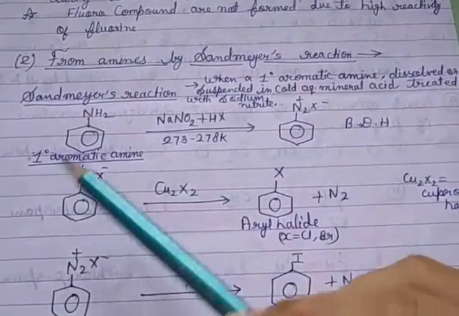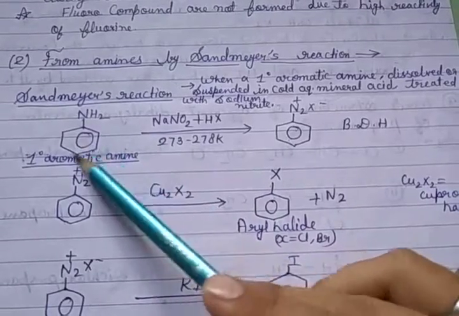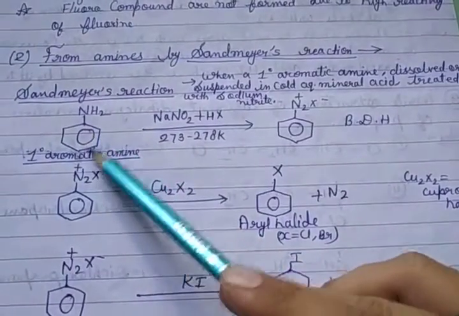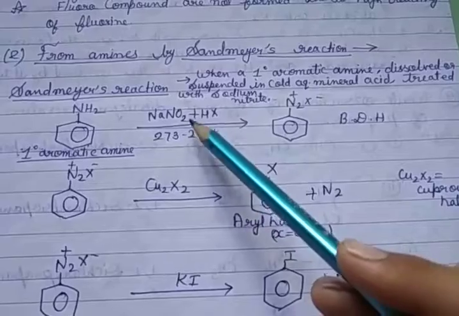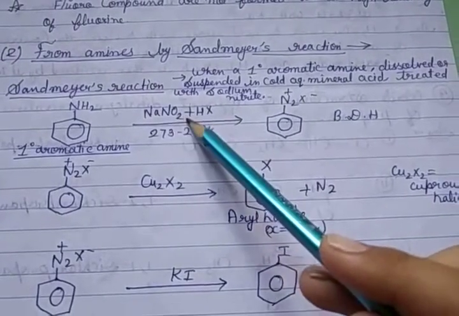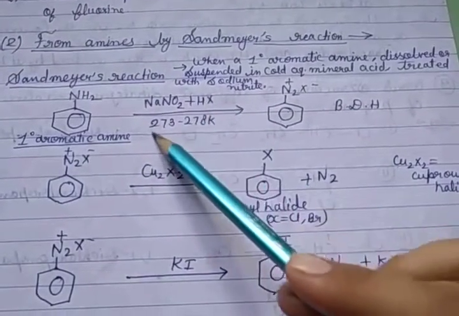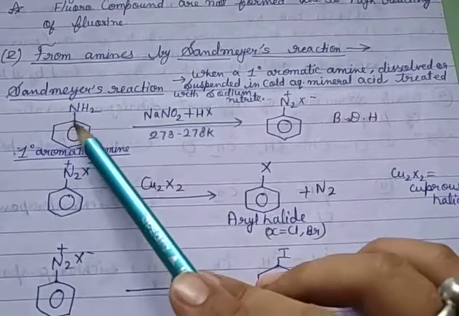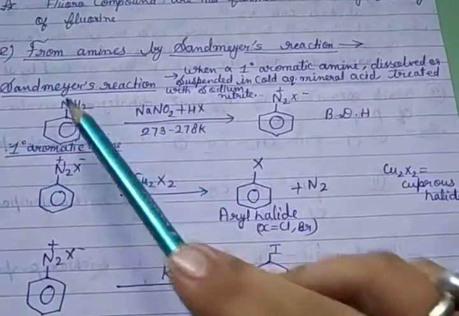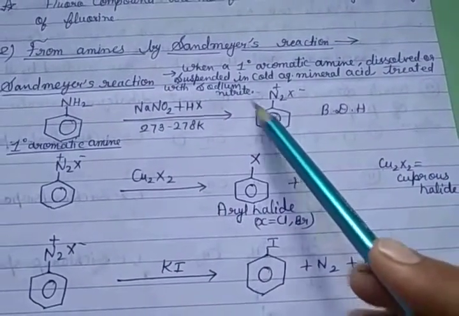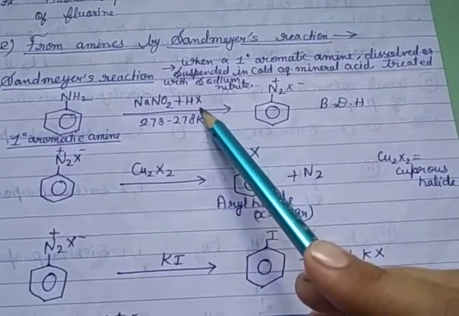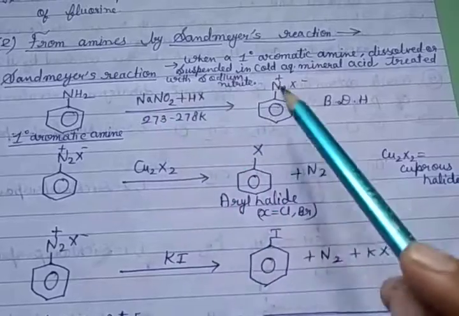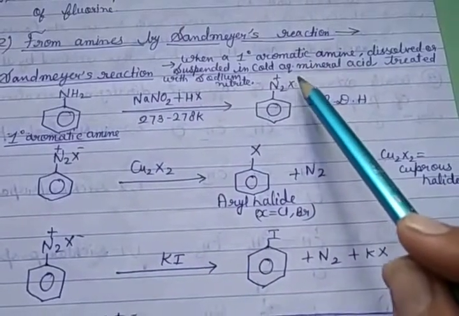Here you see aniline, we have to take a primary aromatic amine, NH2 attached with the benzene ring. It reacts with NaNO2 plus HX, sodium nitrite and HX, at 273 to 278 Kelvin. Here nitrogen combines and N2 forms, and the halogen attracts an electron, so halide X minus.